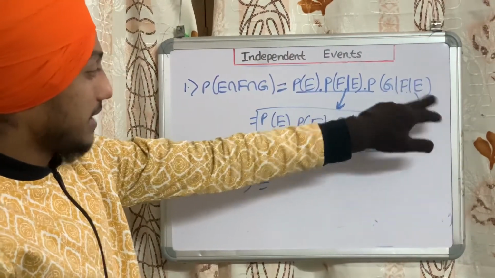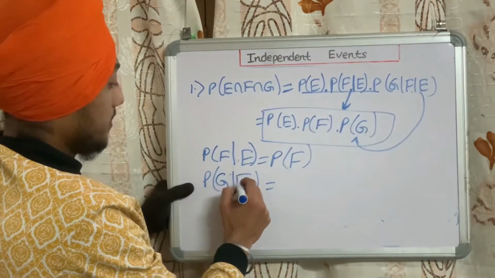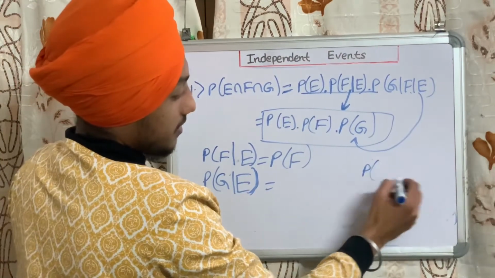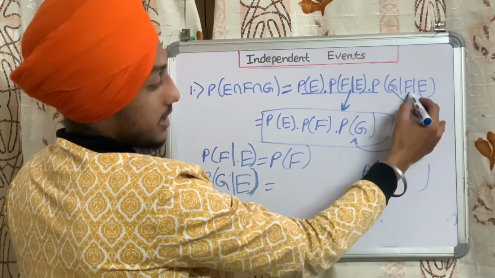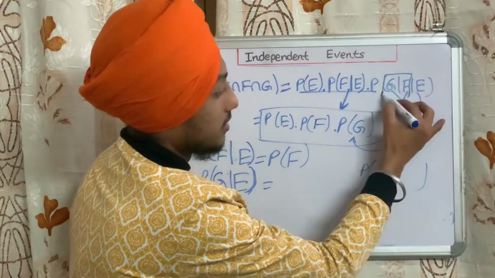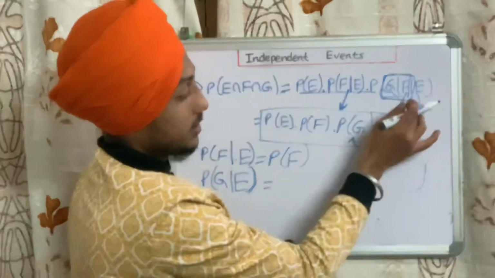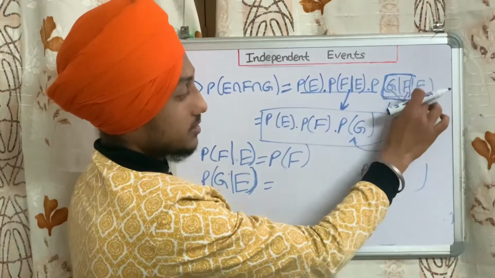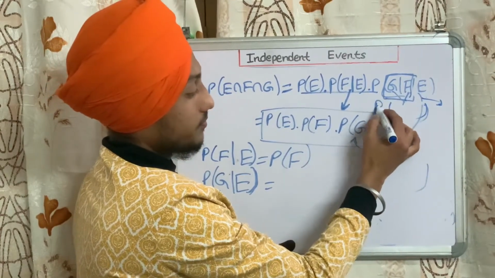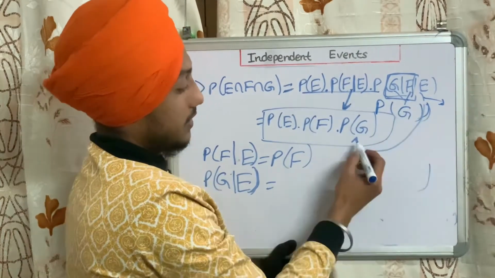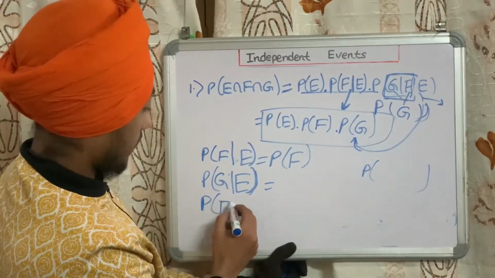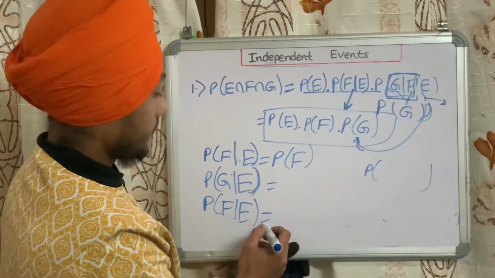We know that F given E is that, so G given E should be G given E. We can also write it in such a way that first of all we count that, and because our answer should arrive with both methods, we can also split this into one form and then put it in the bracket. Then we can find our probability of G, which is written here. So we're going to look at the probability of G given E and the probability of F given E. These conditions should be met.